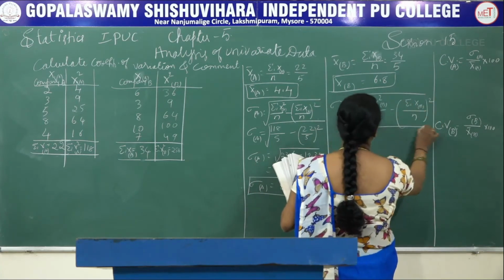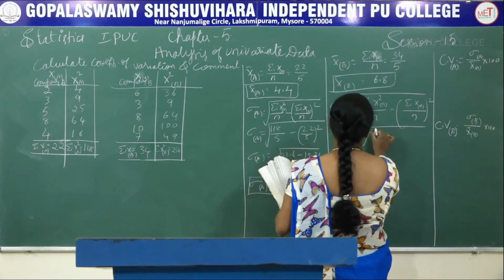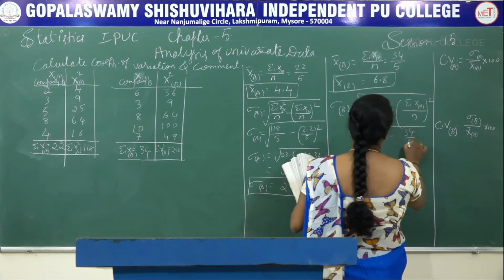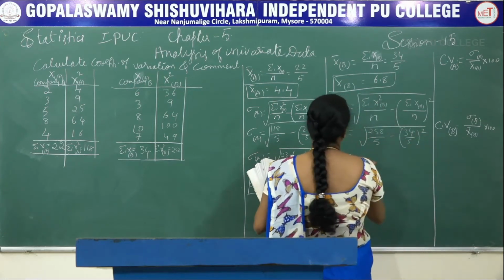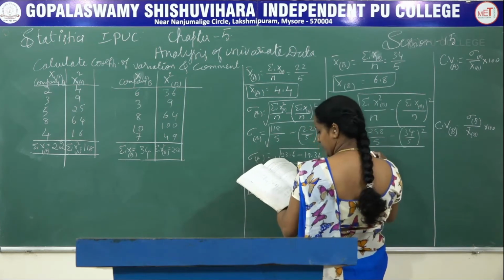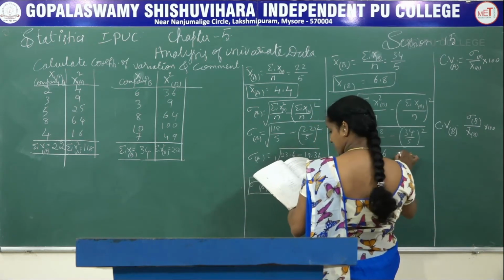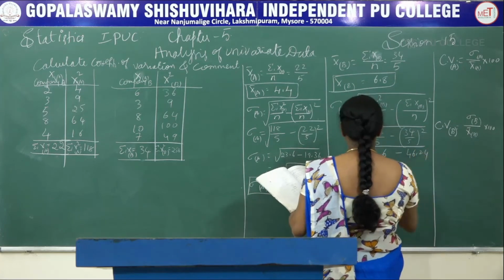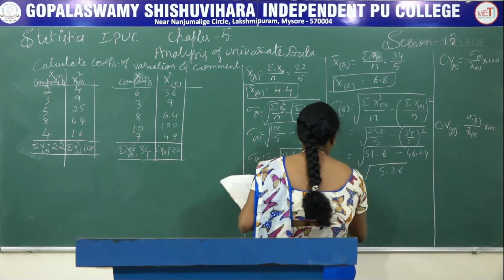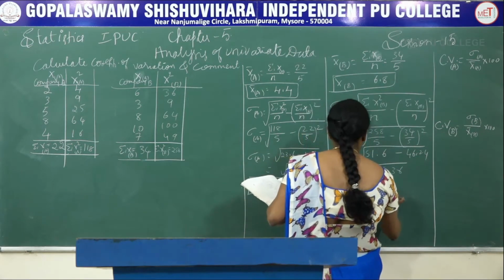Now substitute those values. This is 258 divided by 5 minus 34 divided by 5 the whole square, which is the square root of 51.6 minus 46.24. This is the square root of 5.36, so sigma of B is equal to 2.32.